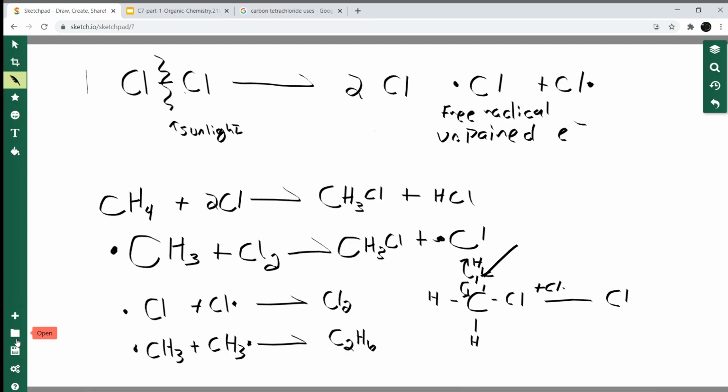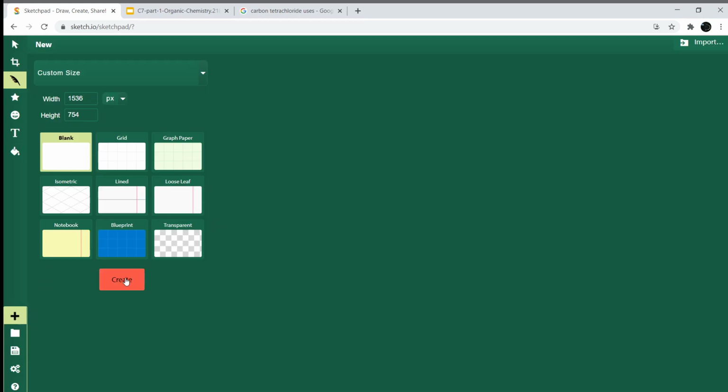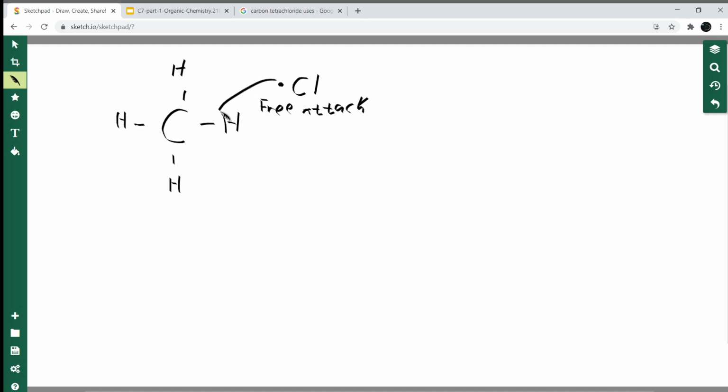One quick reminder for you as you're doing the draw examples. Okay, so let's go ahead and do an example where we have this. Let's go ahead and show an attack. So when this comes in, this is going to go ahead and be what's known as a free radical attack, or free radical. And it's going to attack this bond.